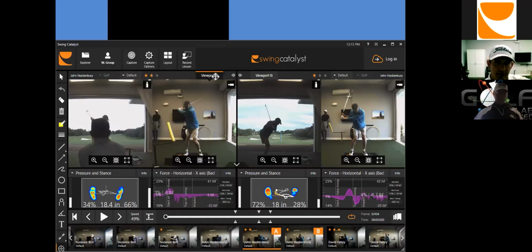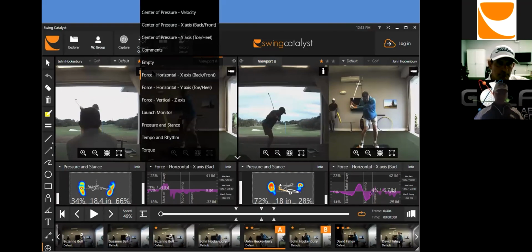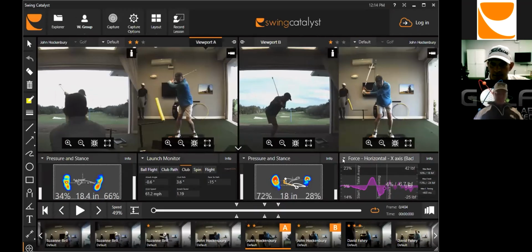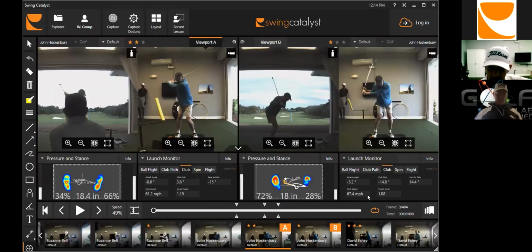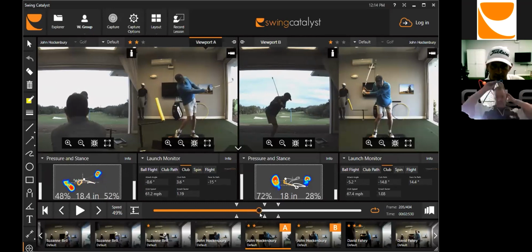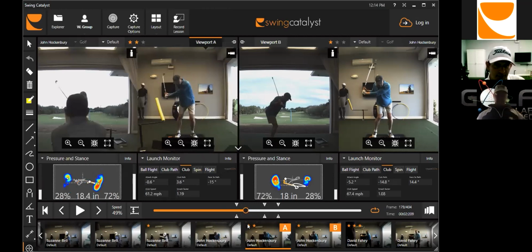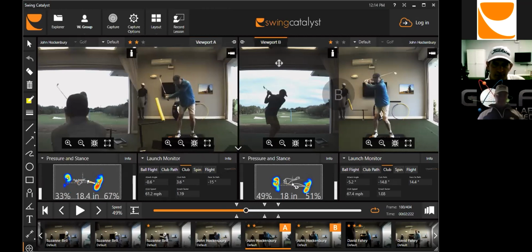But if we take a look at some launch monitor data here and what we were able to change from a club path standpoint, 14.8 to the left in the old one, we made an adjustment with the club face and his grip and some awareness. And we started hitting some little draws out there. The club traveled down much differently.